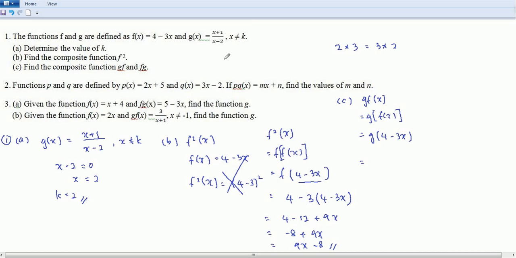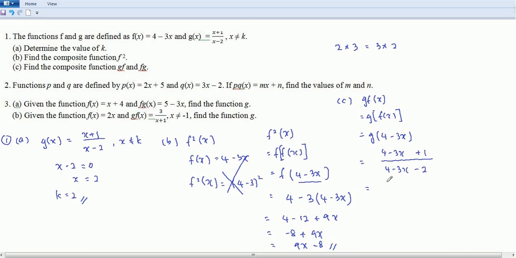This one you have to be careful. It's a fraction, and fractions always make us easily make a mistake. g(x) is (x plus 1) over (x minus 2). This is a new x. So 4 minus 3x, plus 1, over 4 minus 3x, minus 2.